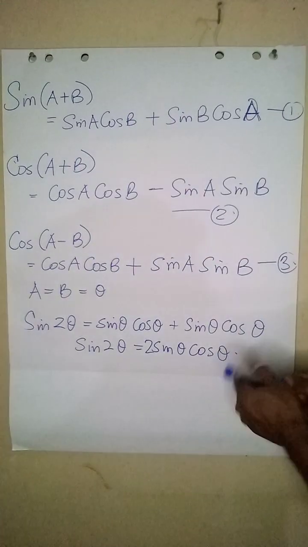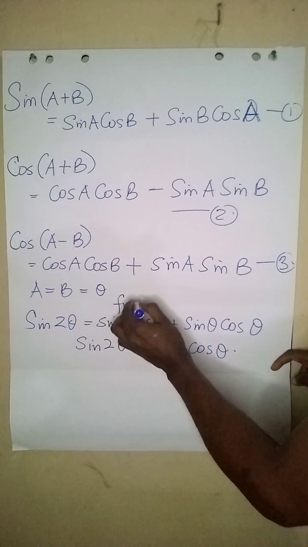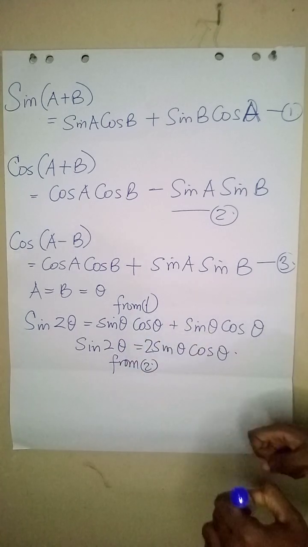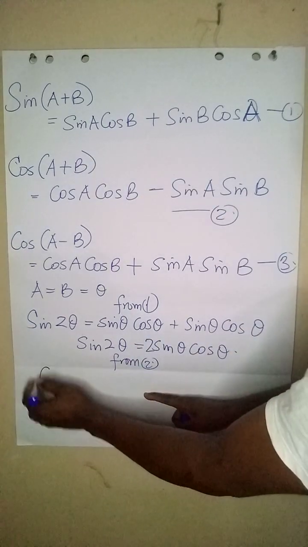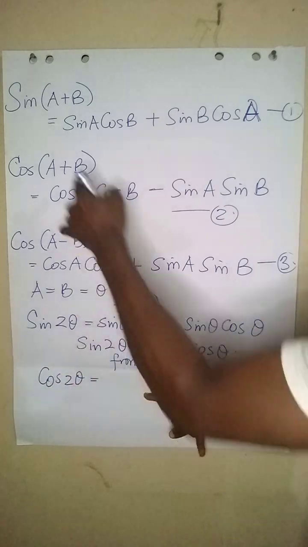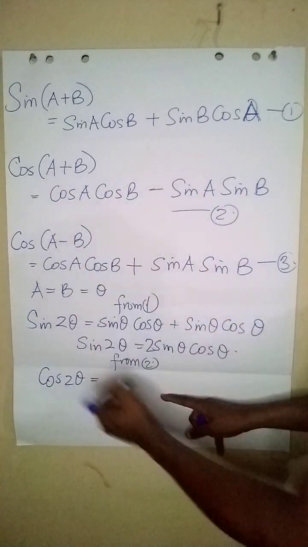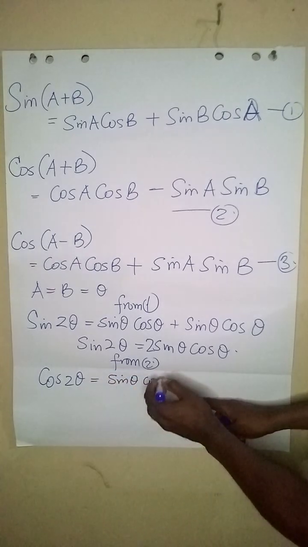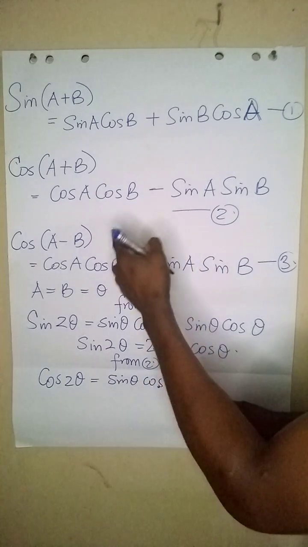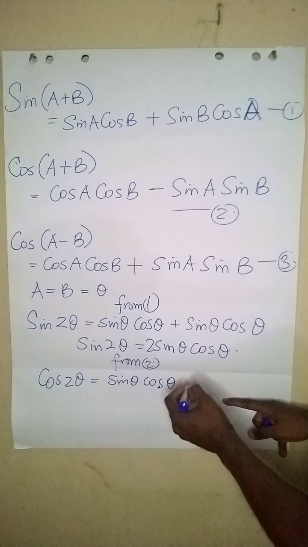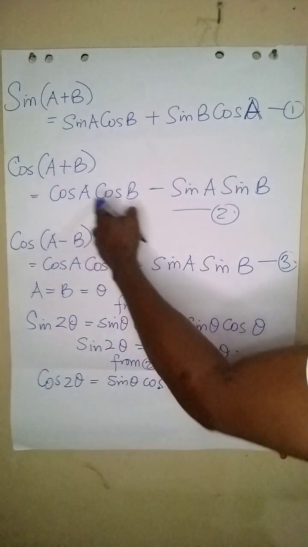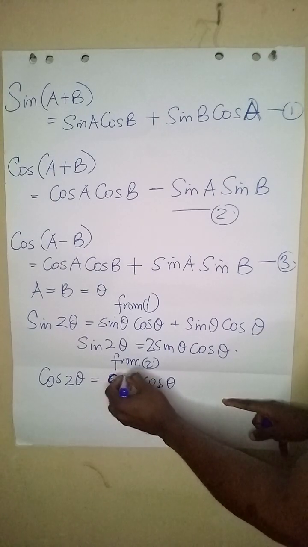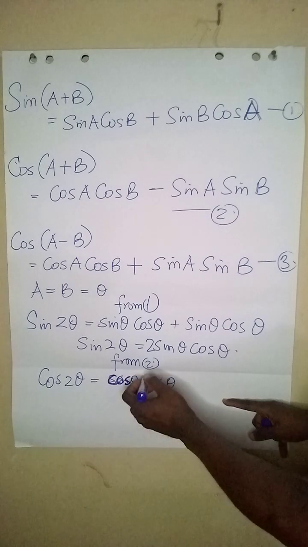Likewise, if we do the same in equation 2, we're going to have cos 2 theta. So we have cos theta cos theta, and minus sine theta sine theta.